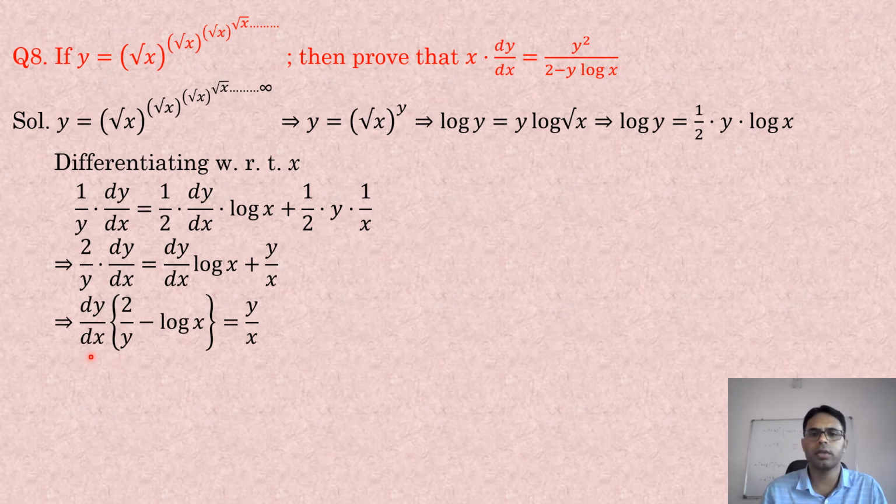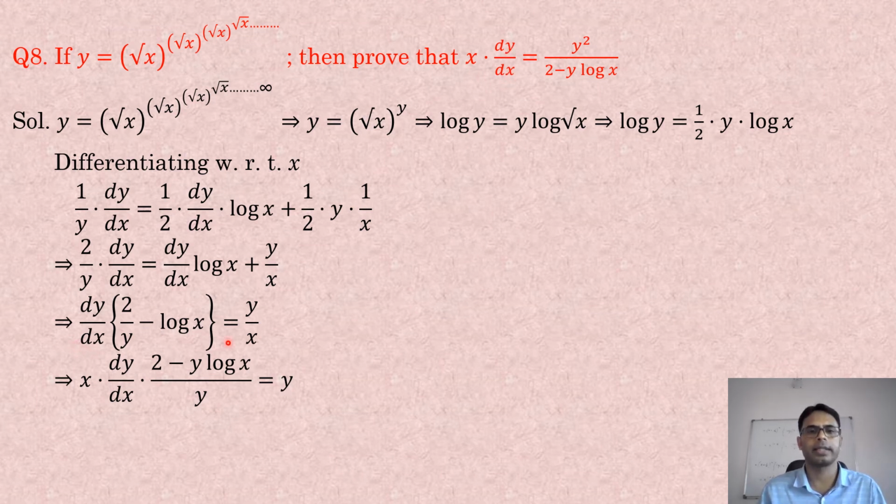So dy/dx is common. Here 2 by y is there, and this term is minus log x, because it is going to the left hand side, minus log x is equal to, the right hand side is already y by x, and take LCM here. In the proof part you see x is multiplied with dy/dx, so I am taking a product by x in this equation.